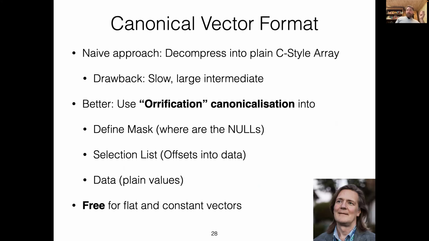And the format we have come up with for this is called the Orification. That is a reference to Ori Erling, who is pictured on the slide, who's been quite helpful in designing this. So what we do is we have the vector that consists of the canonicalized format: a definition mask, which tells you where the nulls are, a selection list, which allows you to do offsets in unchanged data vectors, and of course the data itself, which is a C array of plain values.